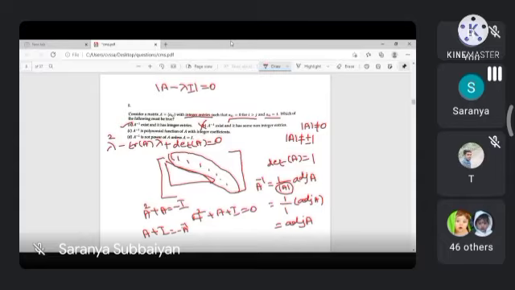This is for finding the eigenvalue. For a 2 by 2 matrix, lambda squared minus trace of A into lambda plus determinant of A is equal to 0, right? This is the formula for a 2 by 2 matrix. So 2 by 2, 3 by 3, 4 by 4, whatever n cross n matrix, that ends with I, right?